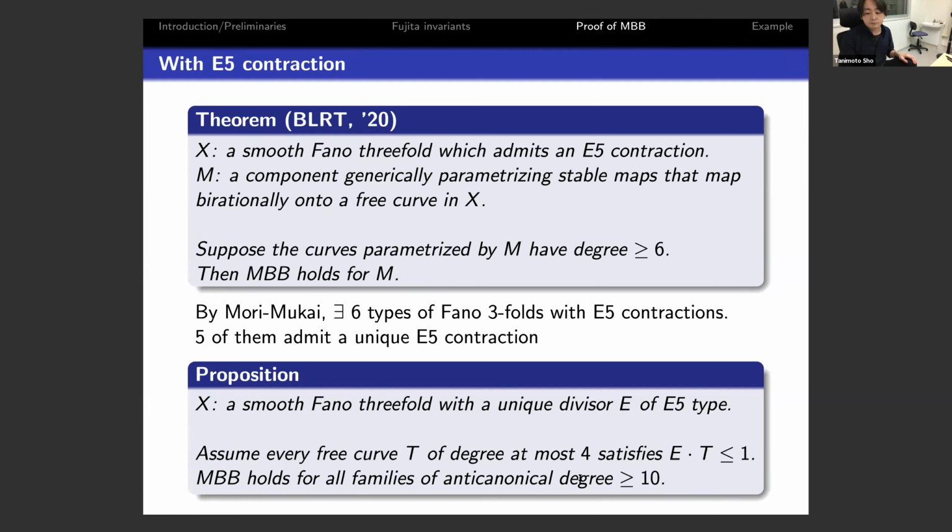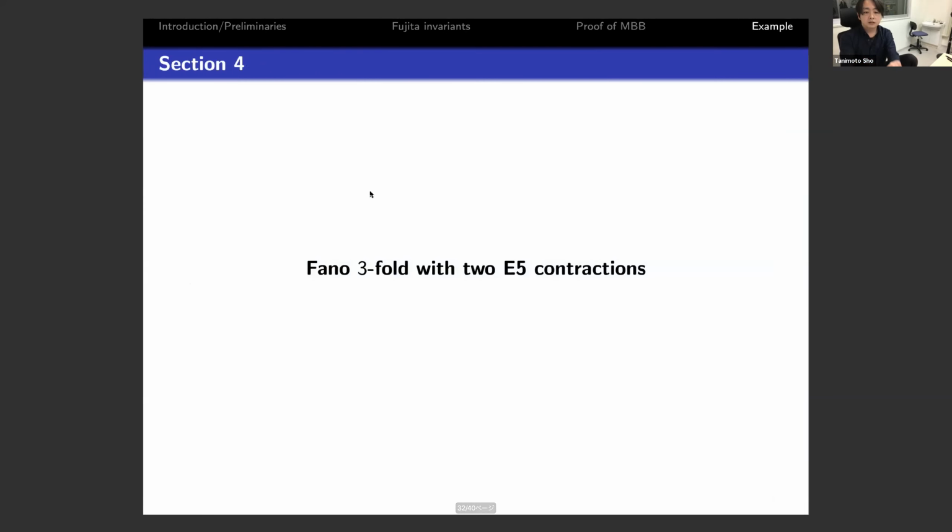Now we need to prove movable bend and break for anti-canonical degree 6, 7, 8, 9. This is done by hand, basically following the classification and analyzing these curves. And then we prove the MBB theorem. All right.